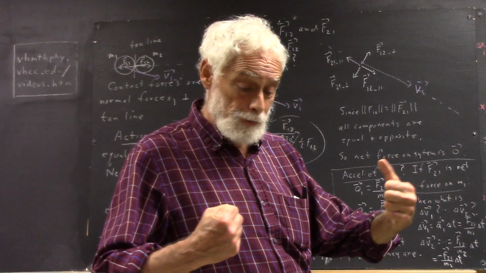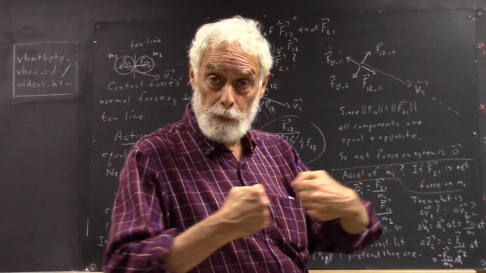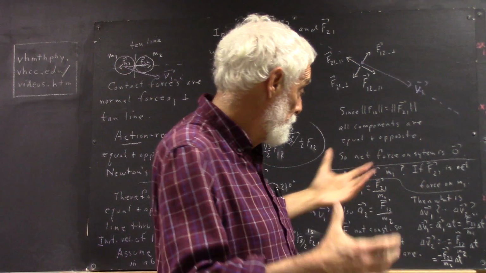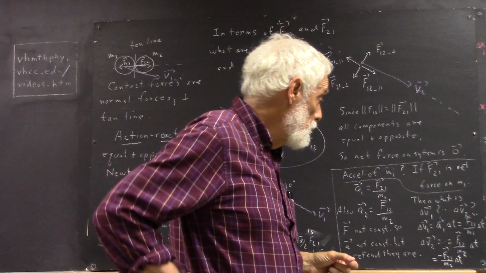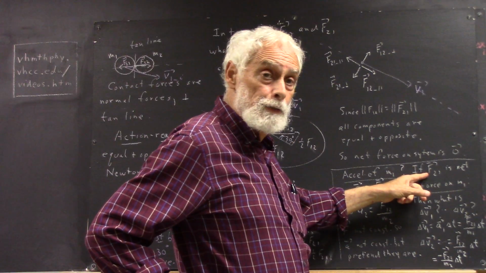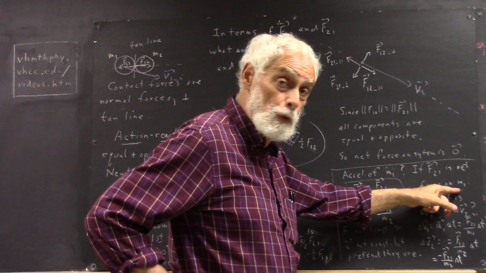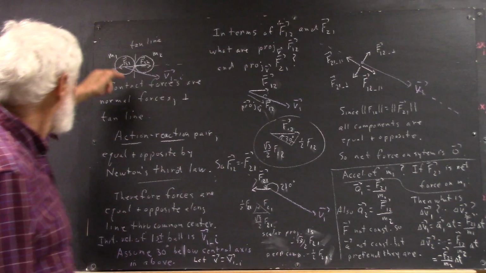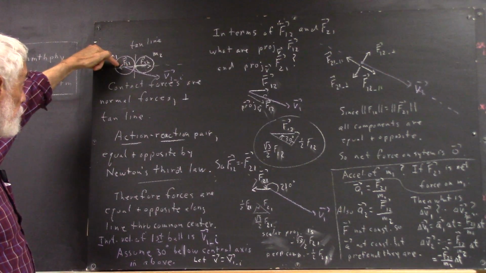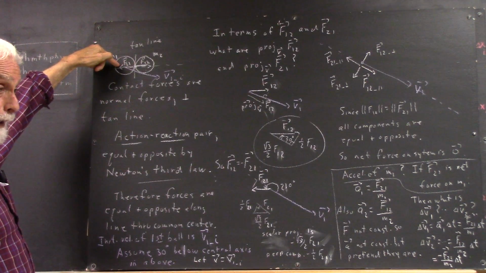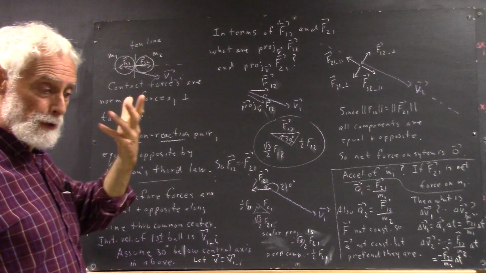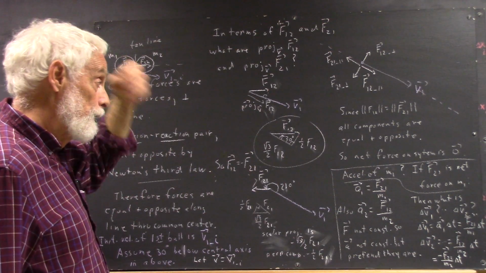Now, there's going to be plenty that happens due to the normal force between the two balls while they're in contact, but we already talked about that. That means that F21 would be the net force on M1. That would be the only force acting on this mass. There's no friction. Gravity is balanced by the normal force of the table on the ball.